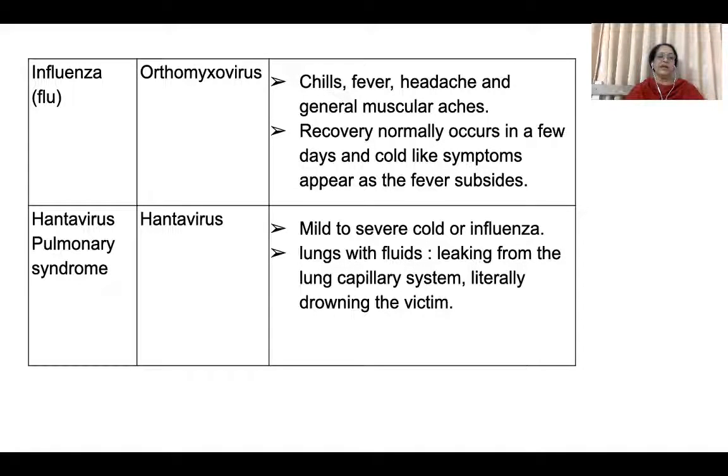Some symptoms are like coronavirus infection, that is, here there is accumulation of fluid in the lungs. Here the fluids leaking from the lung capillary system literally drown the victim. Again, it is a severe or serious infection of the respiratory tract.